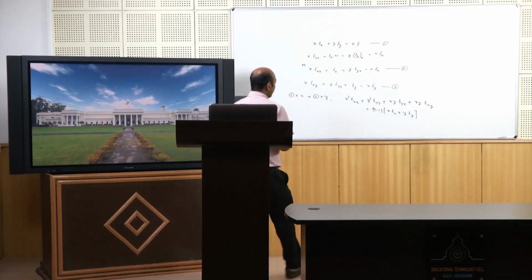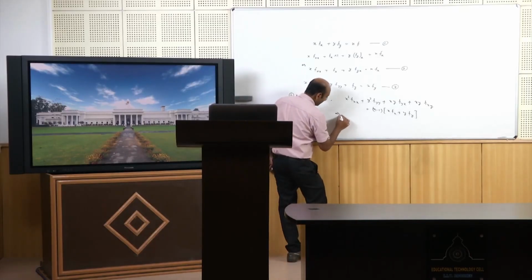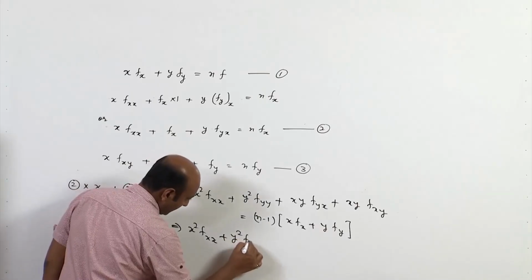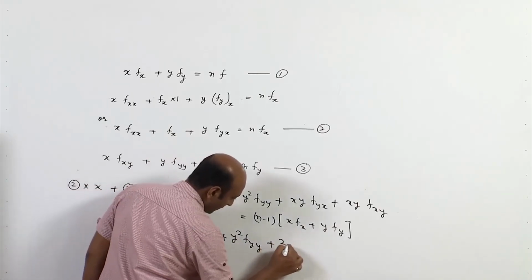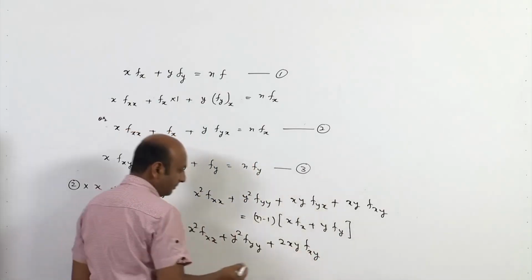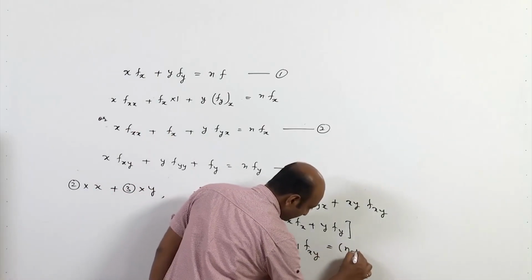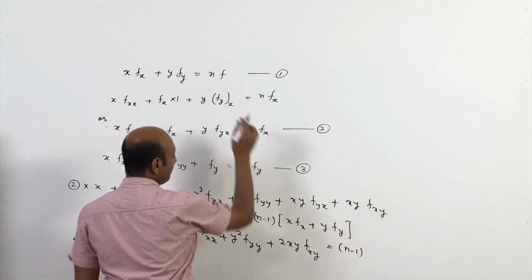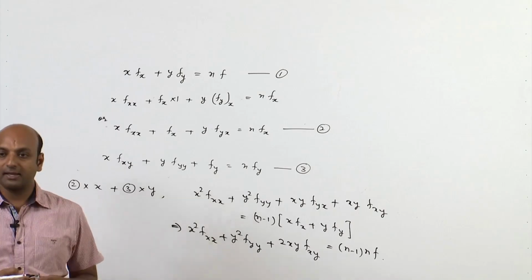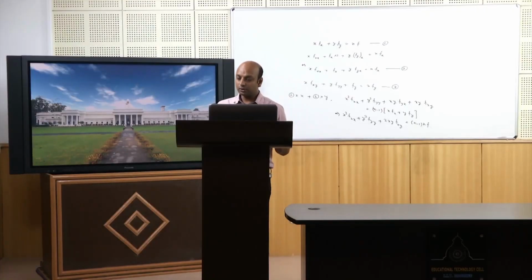So, from here we can say that x square f x x plus y square f y y plus 2 x y, we can call it f x y or f y x because both are same, is equal to n minus 1, and this value is n f. So, it is n into f. In this way we obtain the second part of the theorem.